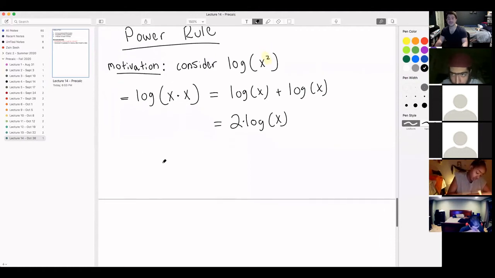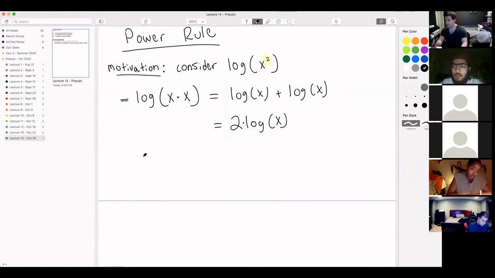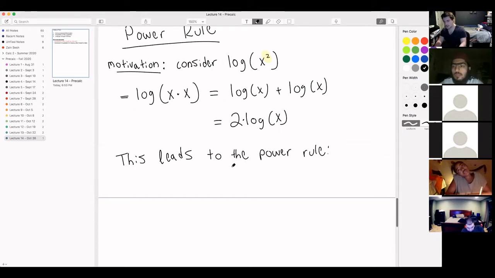So this leads to the power rule. I just wanted a little motivation as to why this rule is true, and here it is.